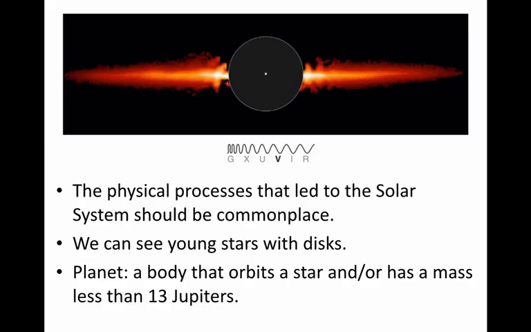So, if we're going to look for these planetary systems around another star, first of all, let's think about the logic of that. If planetary systems are uncommon, when we go out and look, we should find them in very few places. Well, it turns out that when we start looking, we find these planetary systems everywhere. And that makes sense.